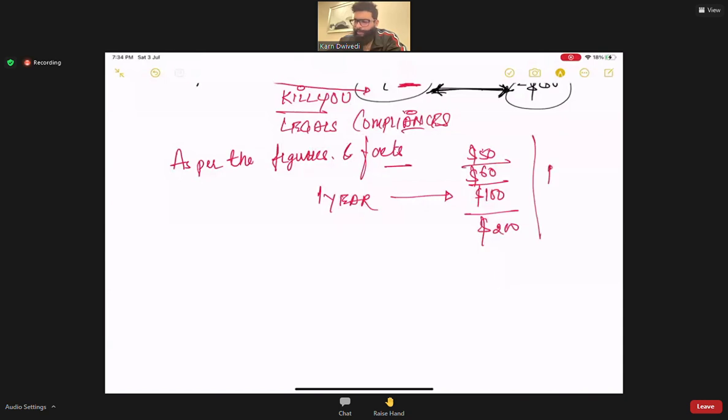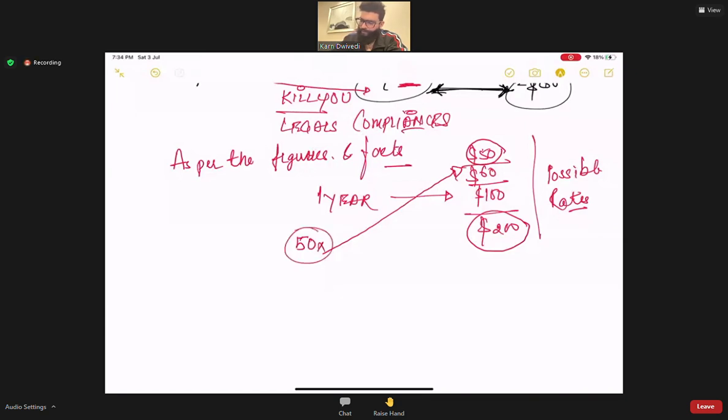These are the possible rates. Who is going to get benefited? Who is going to hold it for a long time? Why did I come up with 4 different prices? Because I kept the very organic situation, and I kept the hypothetical situation. But in both cases, you are 50x from current time.